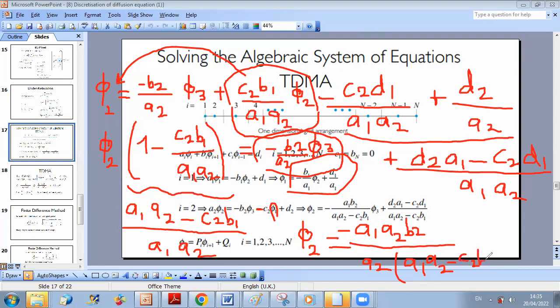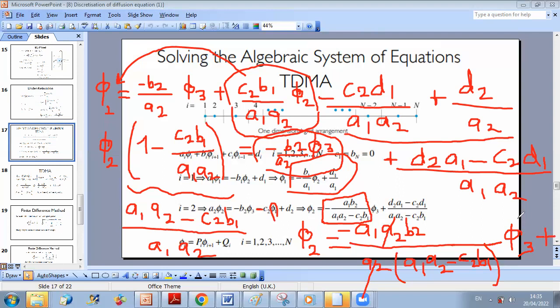This is the coefficient multiplying phi 3. And you can do some simplification because we have A2 and A2. So as you can see, the coefficient of phi 3 will be minus A1 B2 over A1 A2 minus C2 B1.